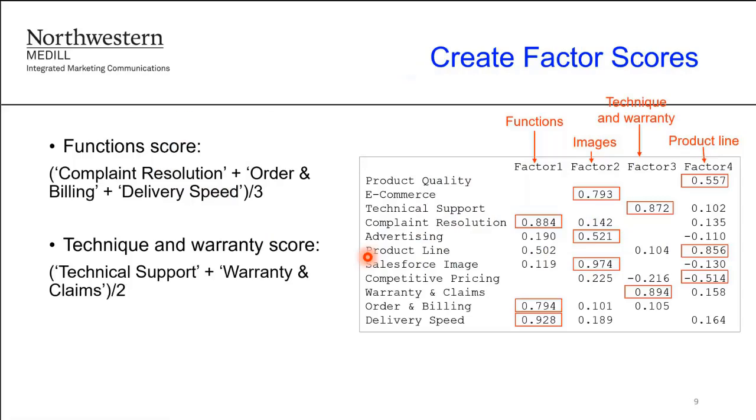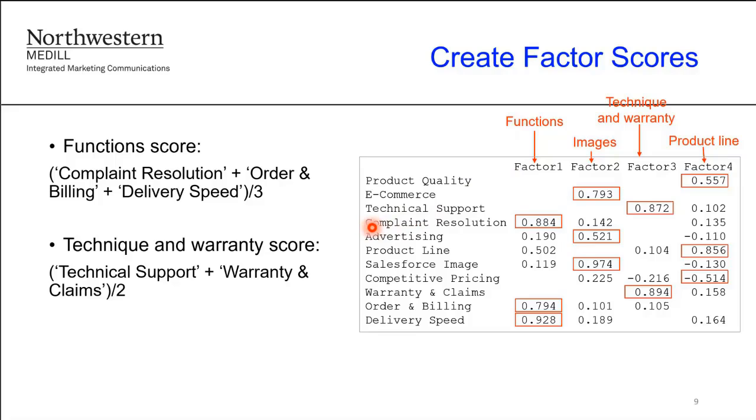Going back to this slide, after you run the factor analysis, this is the factor loading matrix. If you're not sure about this factor loading matrix, please go back to the previous video. Here we can decide which variables belong to which factor.